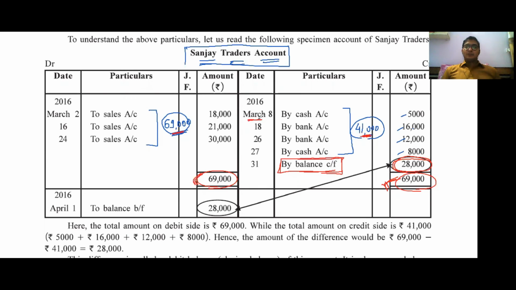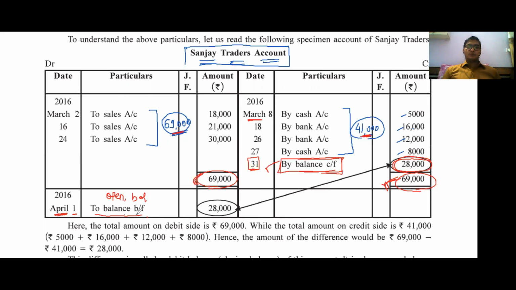Here it is the month of March, so the closing date is 31. And whatever is the closing balance for March, it becomes the opening balance for the next month. So in the next month, April, first day, opening balance, to balance brought down, it is called opening balance.